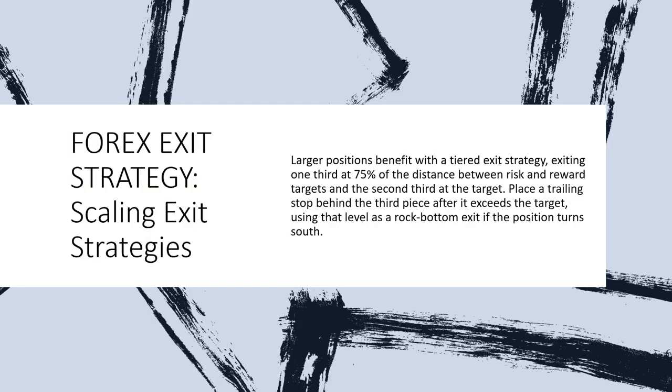Large positions benefit with a tiered exit strategy, exiting 1/3 to 75% of the distance between risk and reward, and the second third at the target, placing a trailing stop behind the third piece after it exceeds the target, using the level as a rock bottom exit if the position goes south.